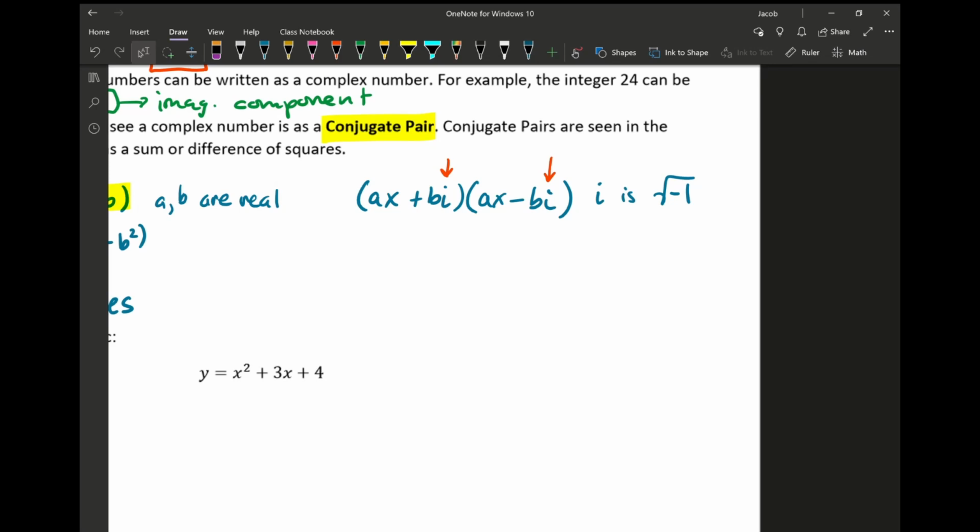But here we have another set of factors where there is an imaginary component to the factor. So if I were to multiply these out, it would go a little something like this. We'd have a squared x squared, and then plus bax i minus bax i, and then minus b squared i squared. Now I know i squared is just the square root of -1 squared.